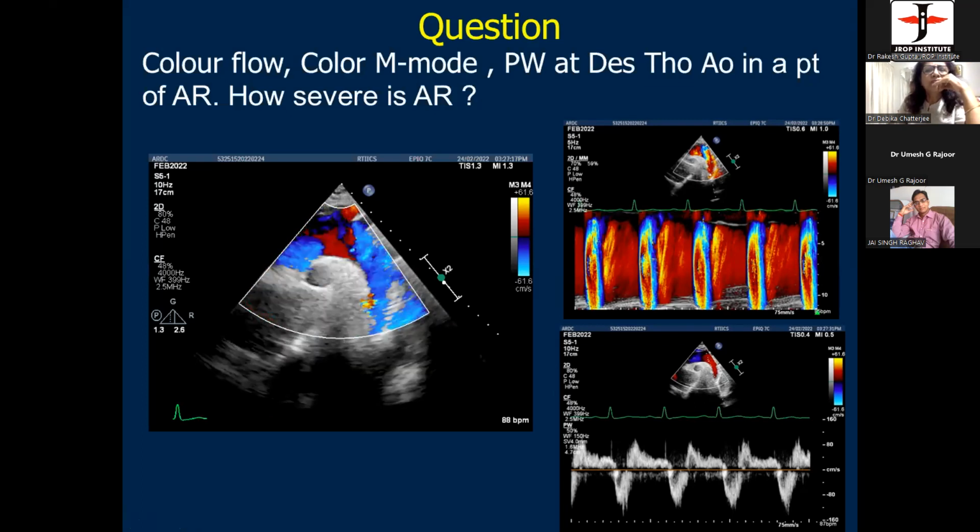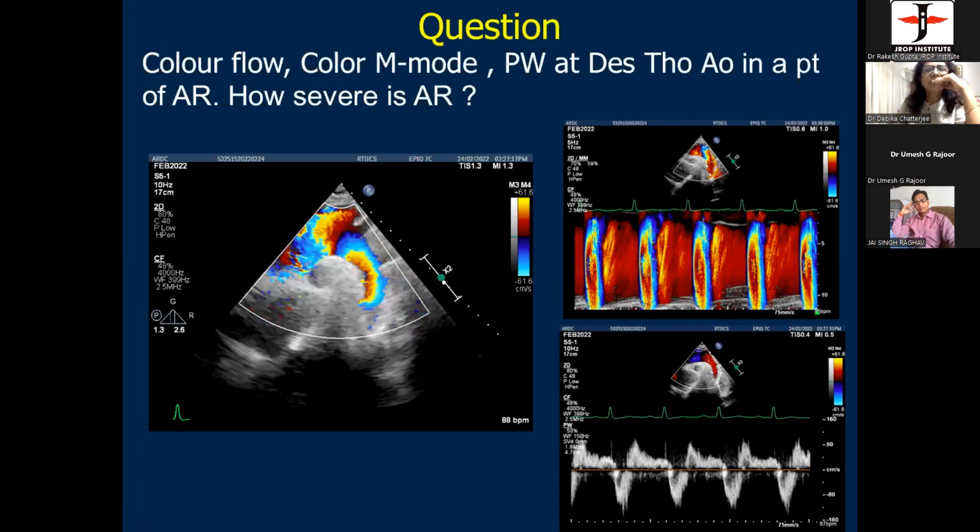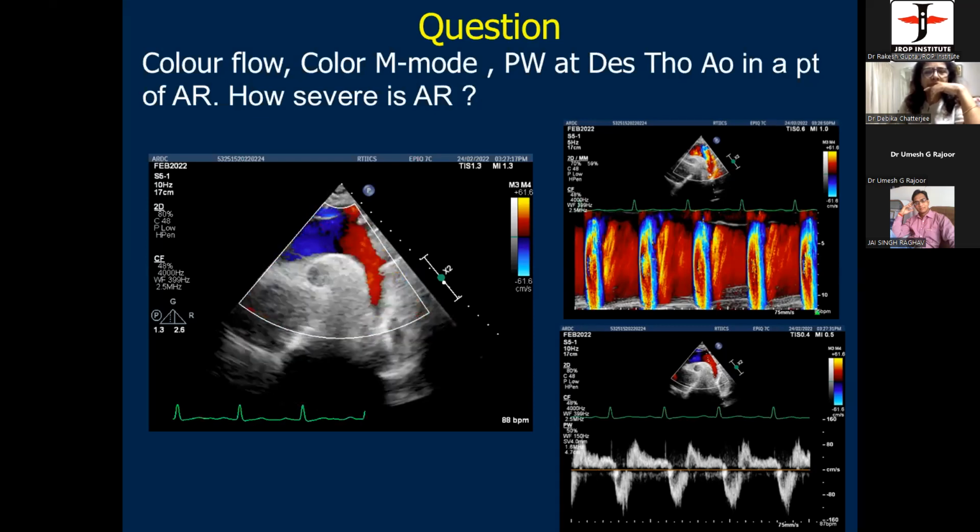Because, ma'am, blood is going in reverse towards the LV in diastole, which is showing red color. Yes. Okay. Fine.